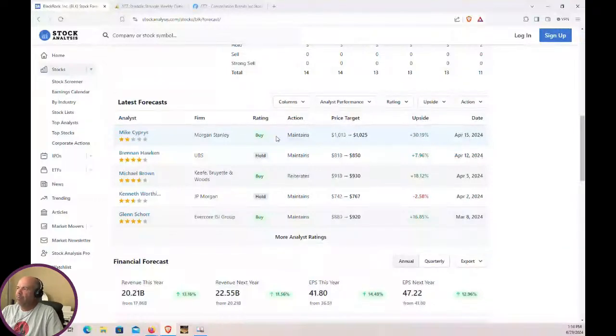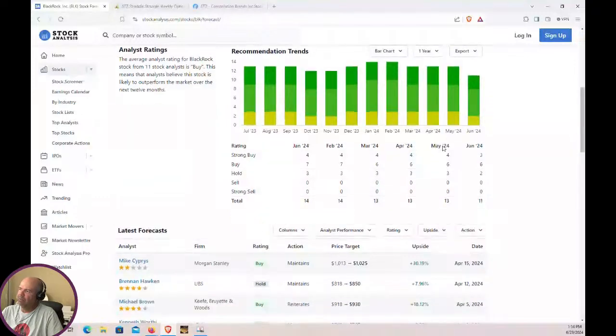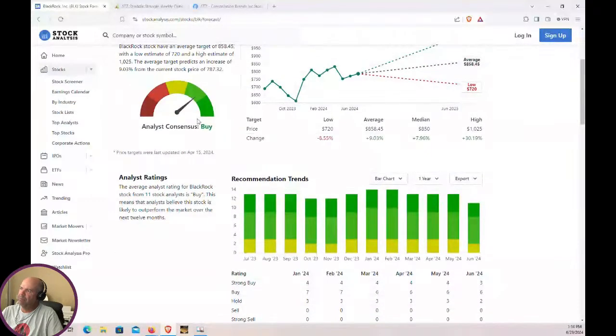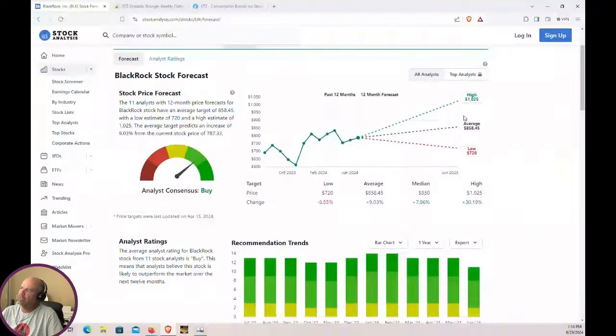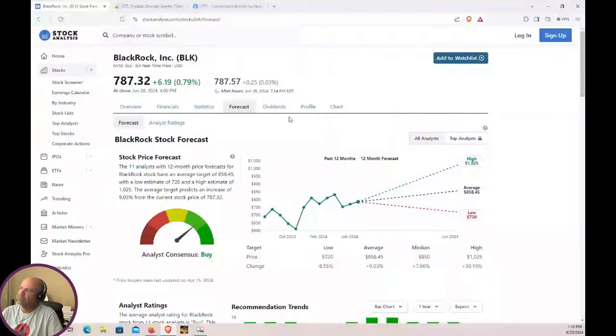Morgan Stanley put a buy with $1,000, priced at 30% from the price right now, so they are way out of the price right now. And then I see if it's a buy, strong buy. I got those prices over here also, and pretty much it. So I just go to the statistics and the forecast. It is called stock analysis.